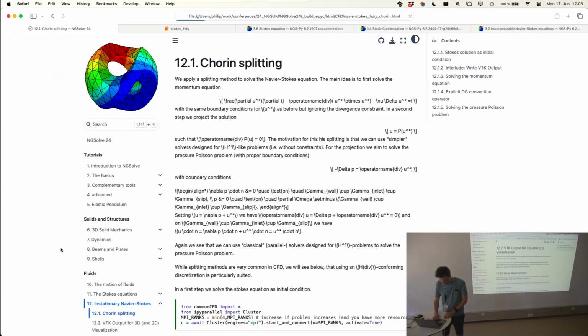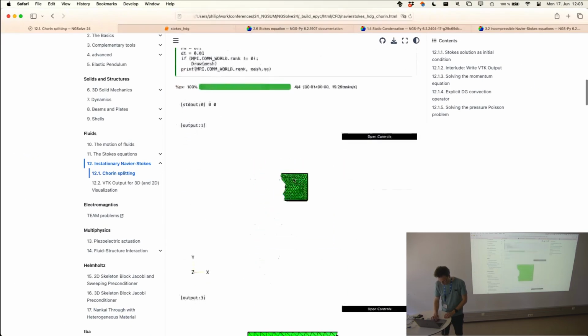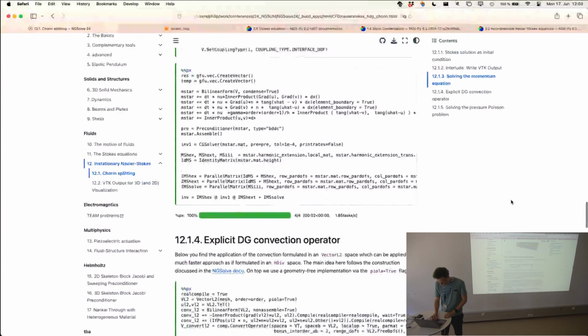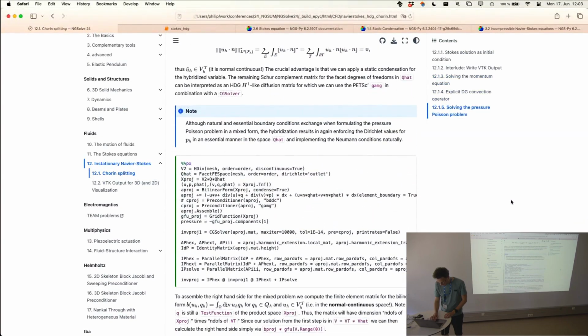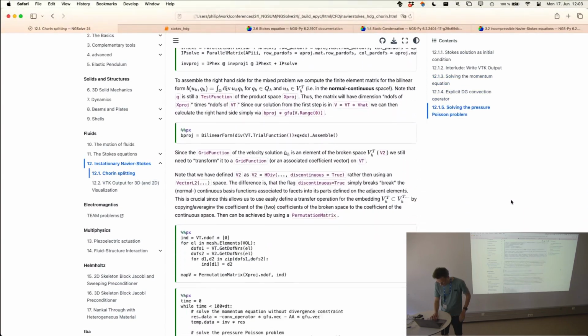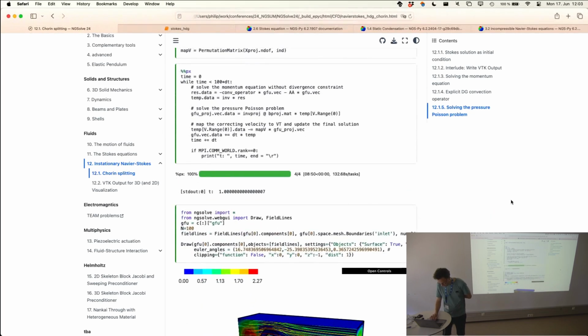Okay. Yes, exactly. And something similar as before for the other one. Maybe I can show you. We had a good, stable iteration with respect to the mesh. Good. Okay. So thank you.